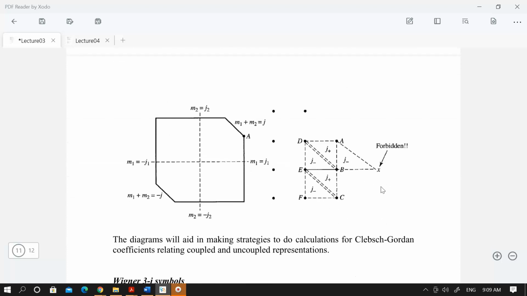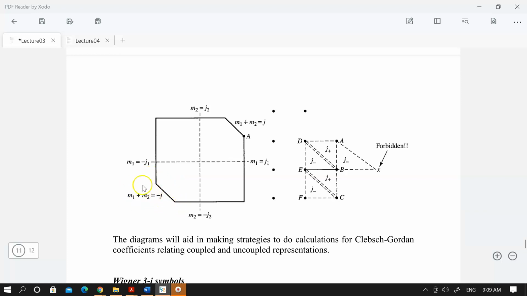So here's a plot of M1 and M2 values. In this plot, there will be this maximal state where M1 and M2 correspond to some value J, which is coming from your J1 plus J2, and then the bottom-most state, which is coming from minus J1 minus J2.